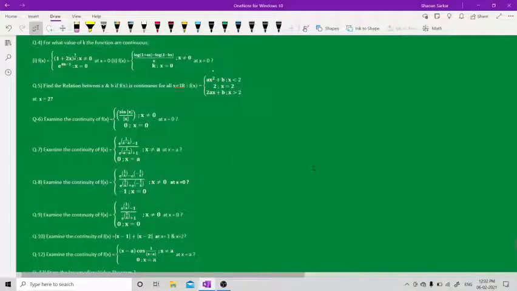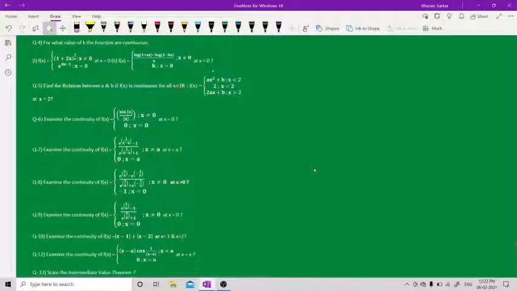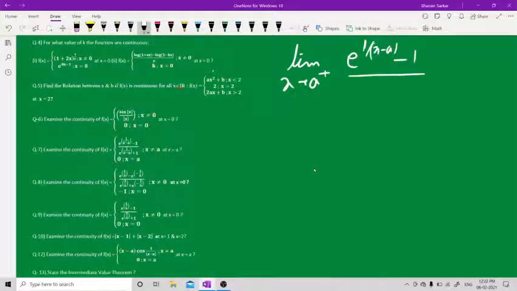Yes, here it is. They are saying limit, let's take the right hand, limit x tending to a plus, e to the power of 1 upon x minus a, minus 1, upon e to the power of 1 upon x minus a, plus 1. Do one thing, take limit h tending to 0.